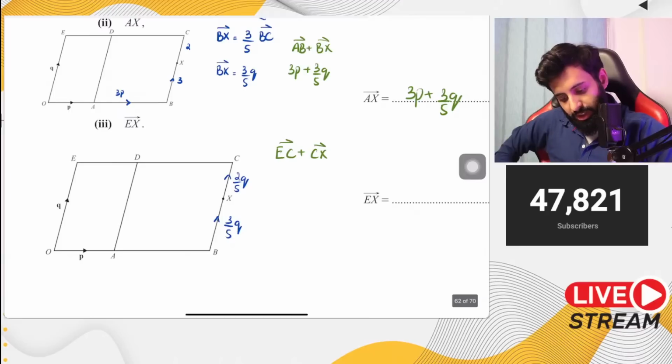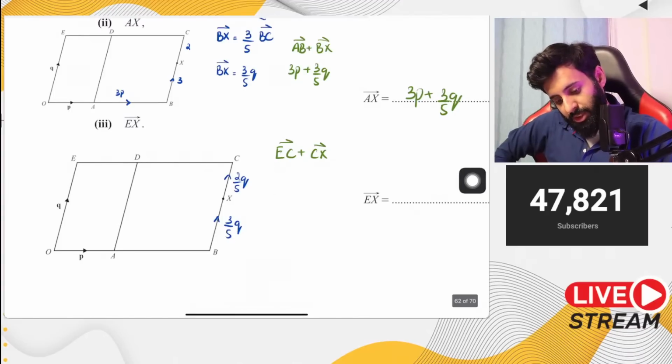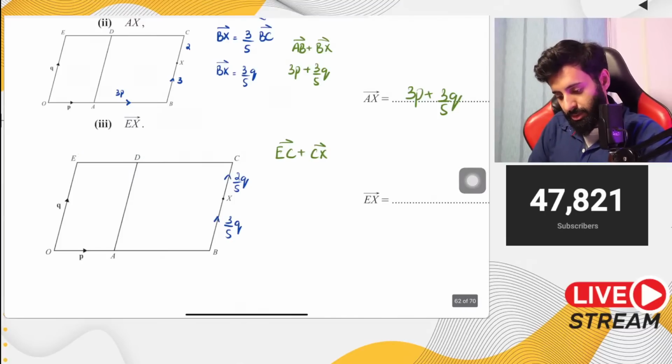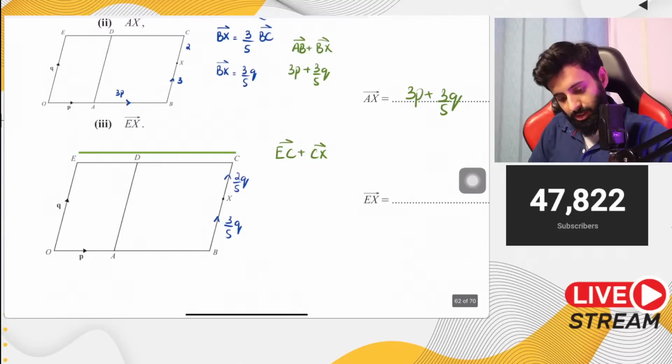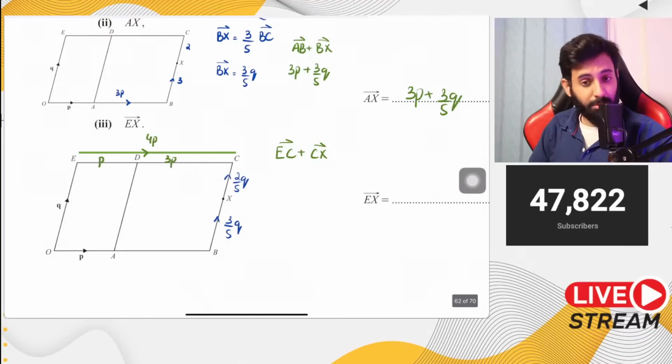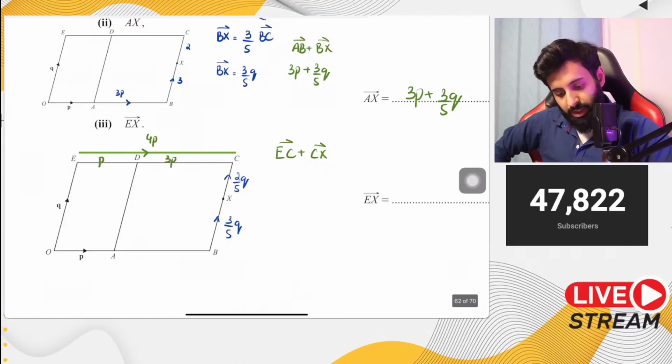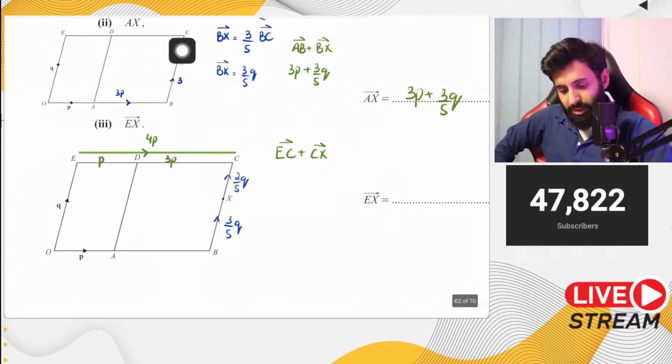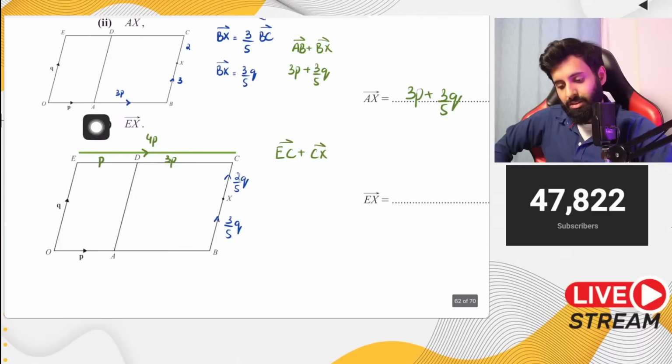Now EC means P plus 3P. So all of this is going to be EC. Let me make a straighter line. So this is EC, and since this is P and this is 3P, it's going to be 4P. We worked that out earlier. Whatever is OB, EC will also be the same, and consequently ED will be the same as OA and DC will be the same as AB.